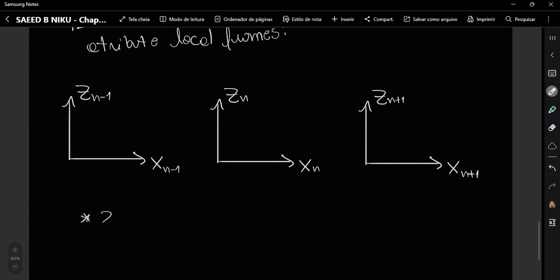So z points in the same direction as it is rotating, and this is very obvious, this is intuitive. Rotating.